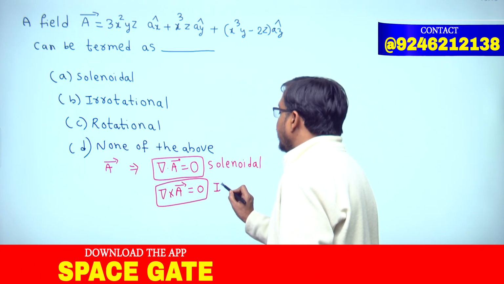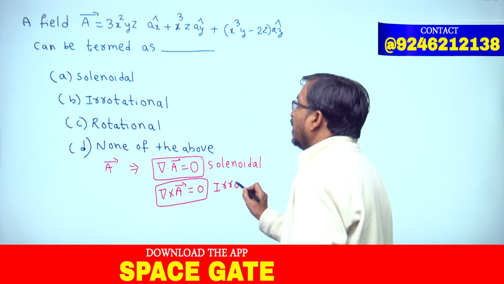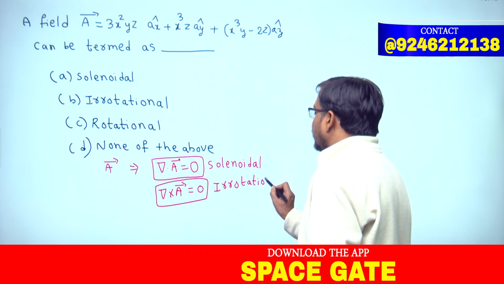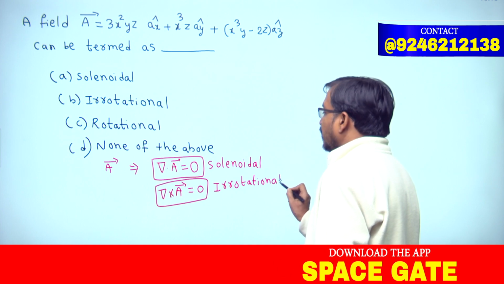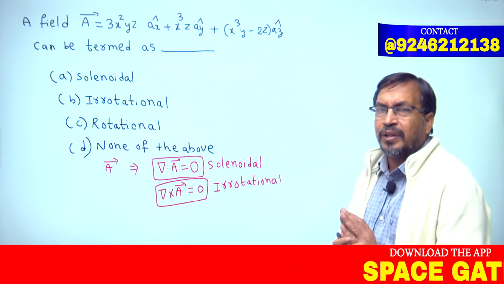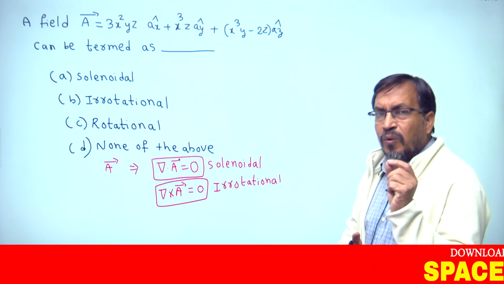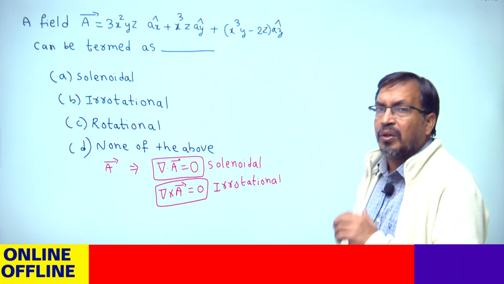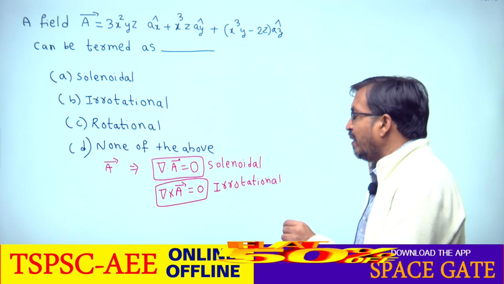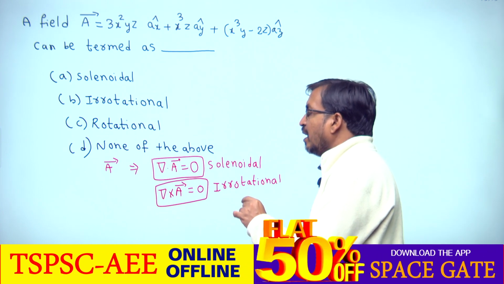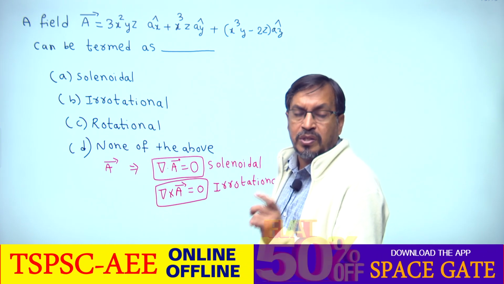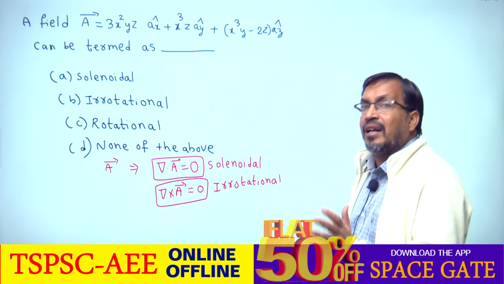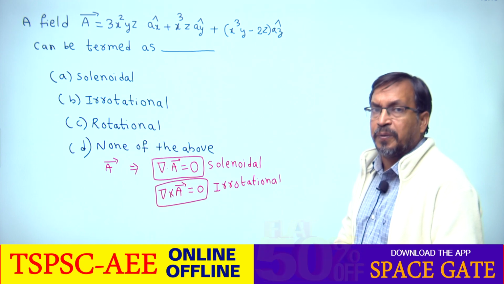These 2 questions are asked many times, even in the GATE exam. In all competitive exams, at least once they ask whether it is solenoidal or irrotational. So a vector is solenoidal if its divergence equals 0, and irrotational if its curl equals 0.